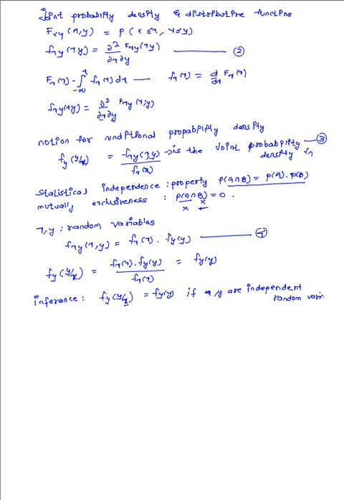That means the conditional probability of occurrence of y for a fixed x is completely independent of x, and it depends completely on y itself if they are independent. So this is another conclusion. So these joint probability density, conditional probability density and joint probability distribution functions give some insights about the joint probability random variables and their probability density and distribution functions.